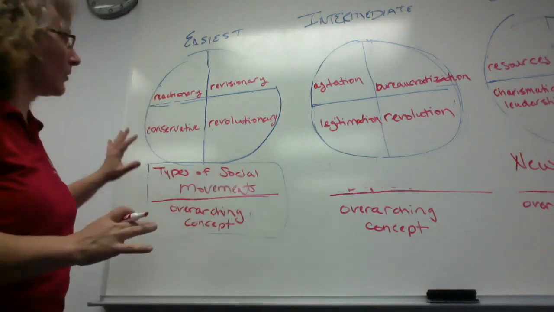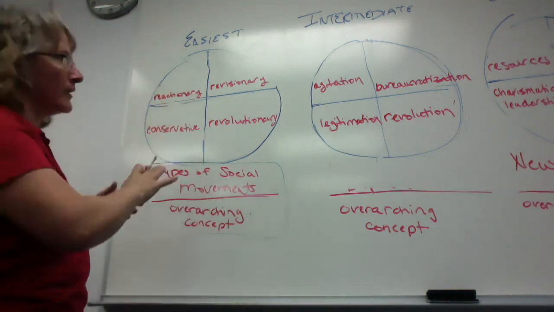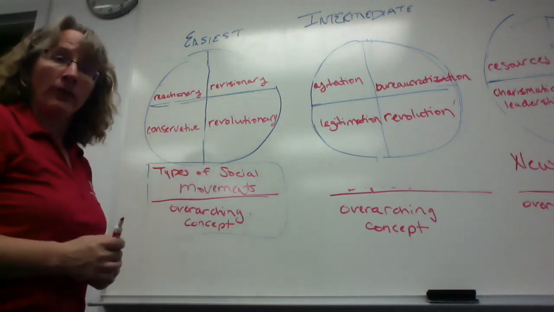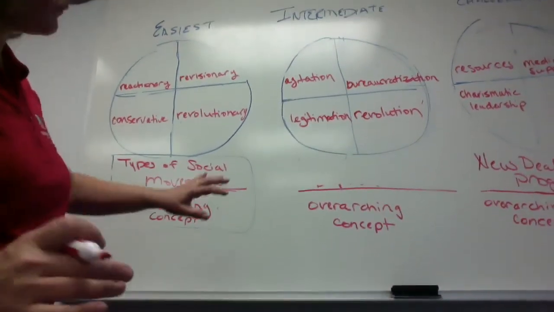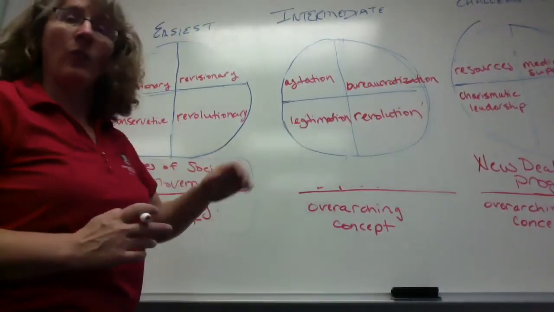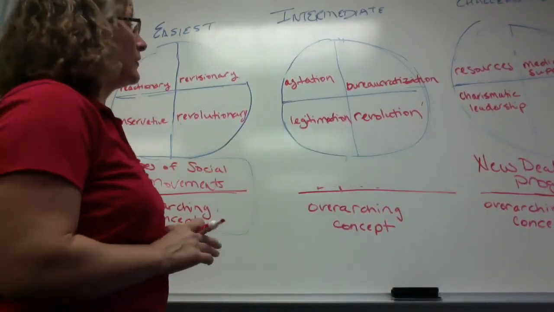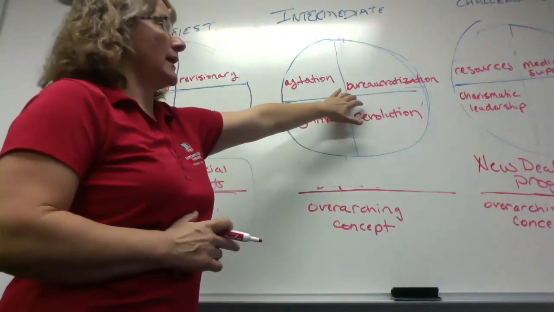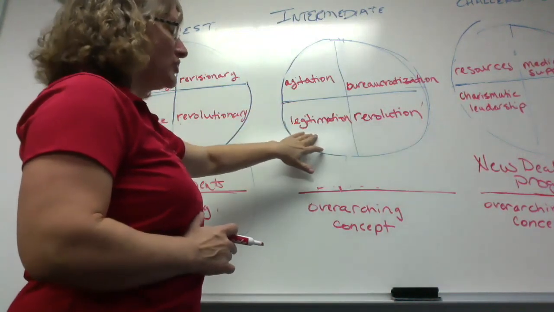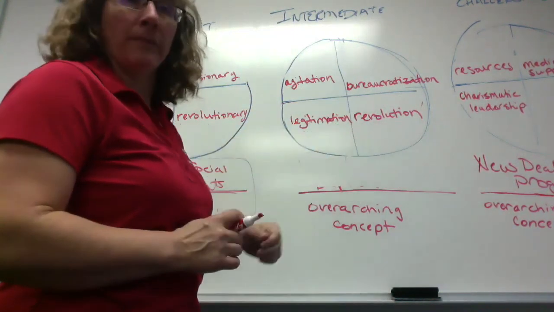Okay, so that's why it's easy, because all we're trying to do is figure out how these are alike. So the next one, intermediate, we're looking for both the overarching concept and the word that doesn't fit. So in this case, we have agitation, bureaucratization, legitimation, and revolution.